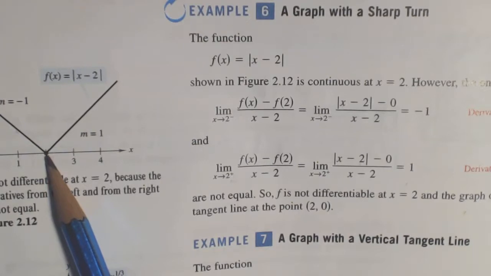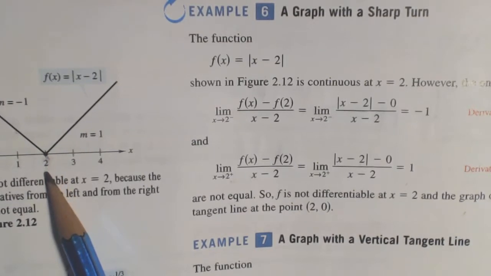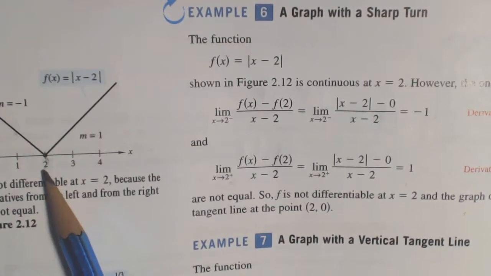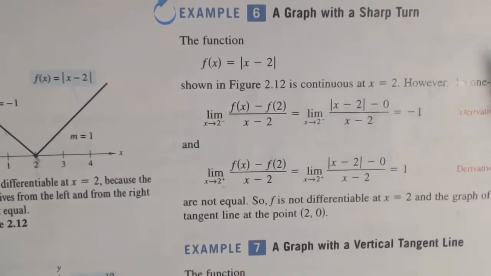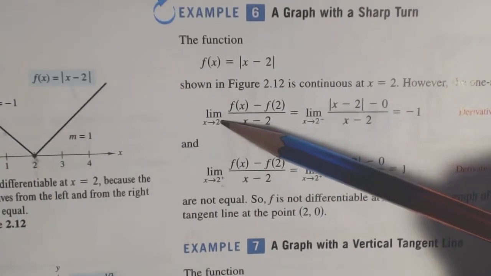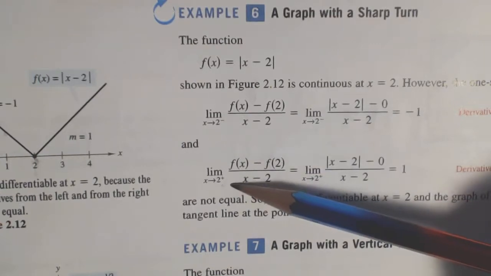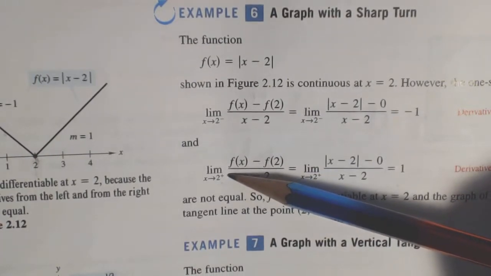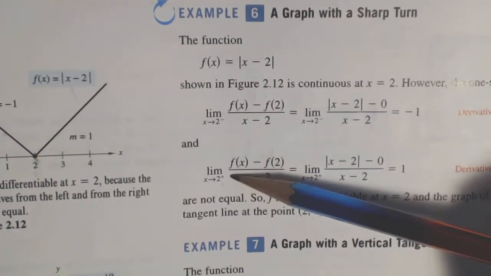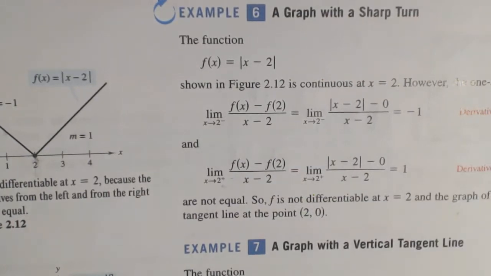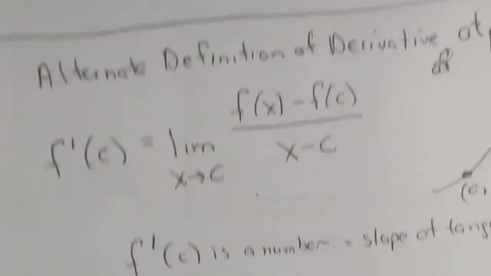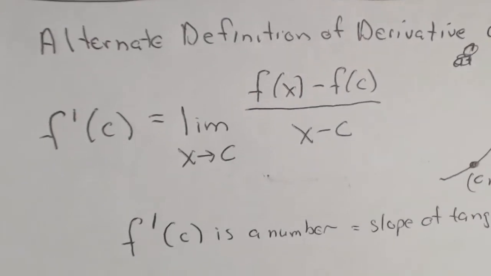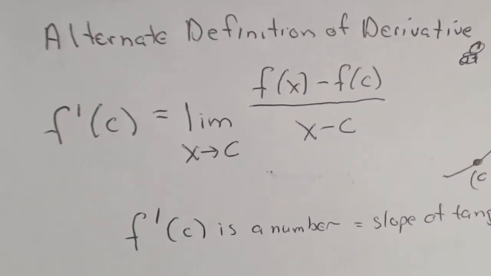How could you use that to show a lack of differentiability? What we're going to show is that when the left-hand limit, that's the limit as x approaches 2 from the left, and the right-hand limit are different, we know the overall limit fails to exist. So, again, we're using this alternate definition of the derivative right here on the absolute value of x minus 2.